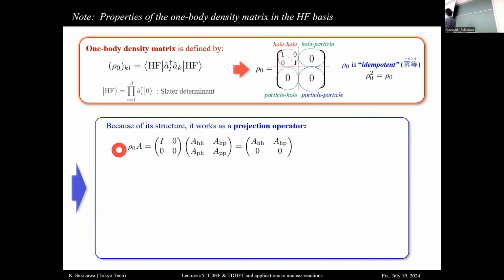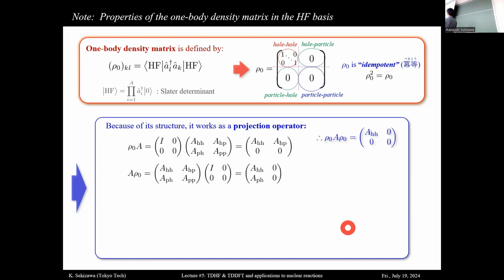If we apply it to some arbitrary matrix A, it picks up only the top components, the hole-hole and hole-particle. If you multiply from the right-hand side, you take these two components, and if you multiply from both sides, you take the hole-hole part.